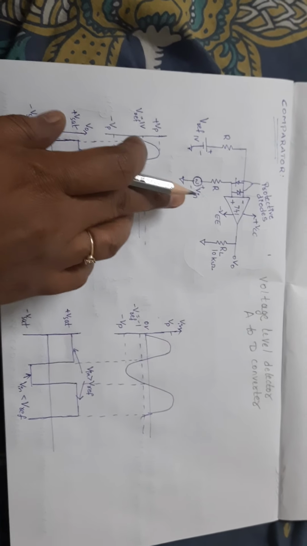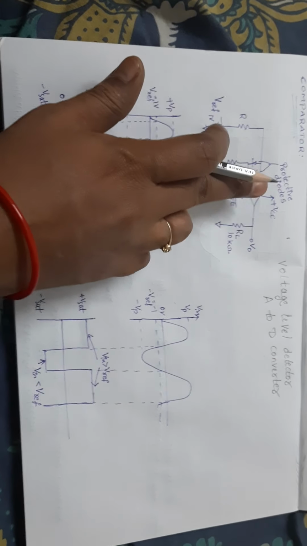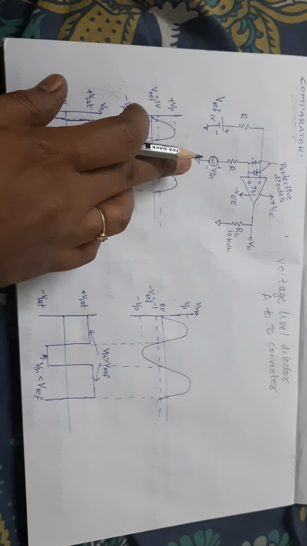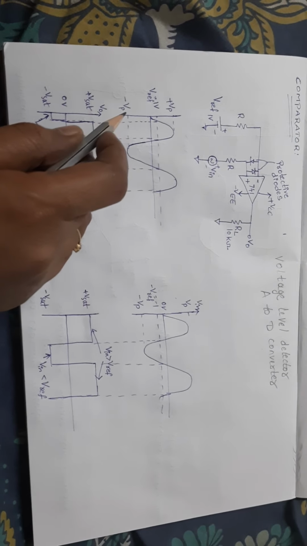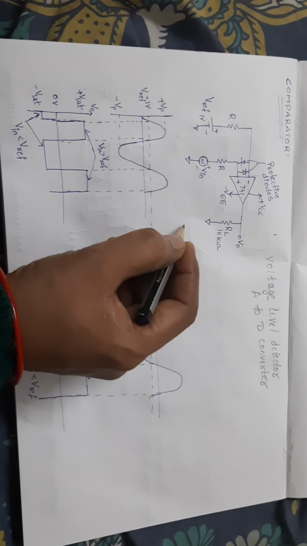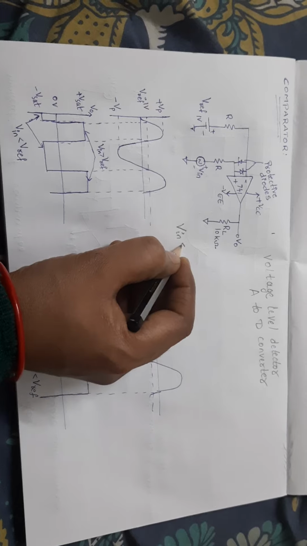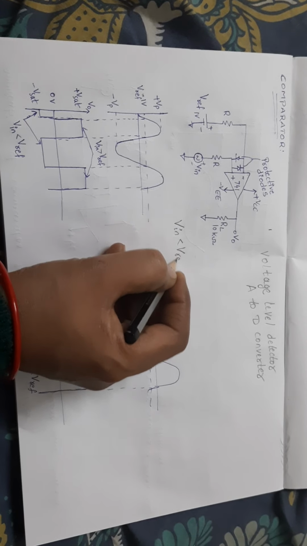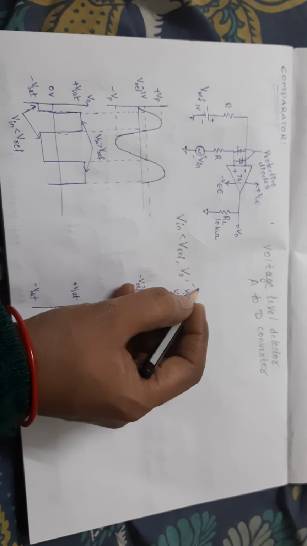See the explanation here. We are giving the V reference to the inverting terminal and Vin to the non-inverting terminal. Whenever Vin is less than V reference, the output is minus Vsat.